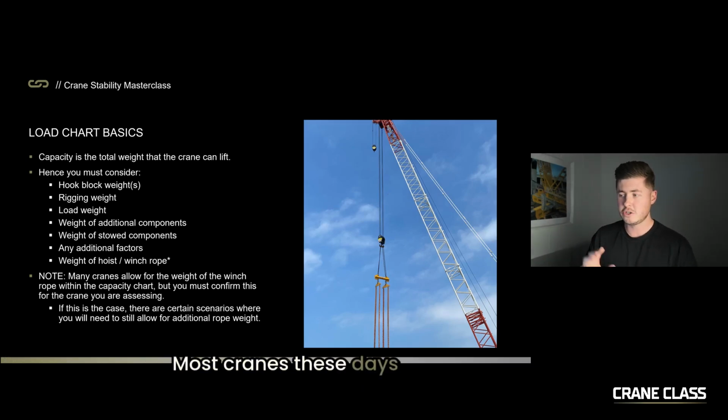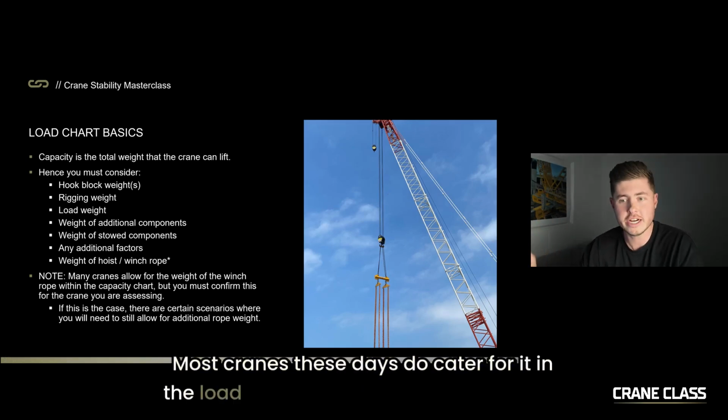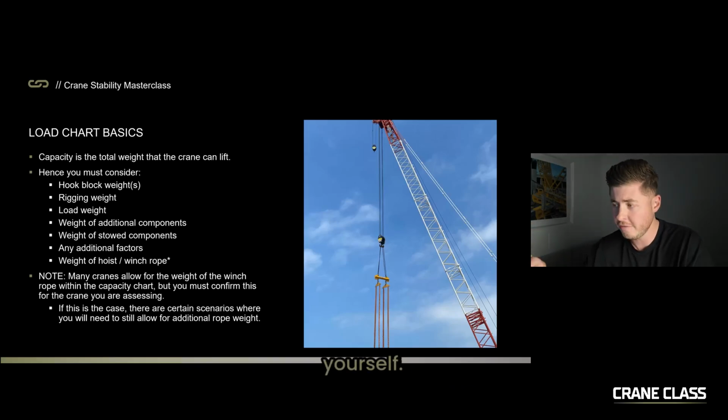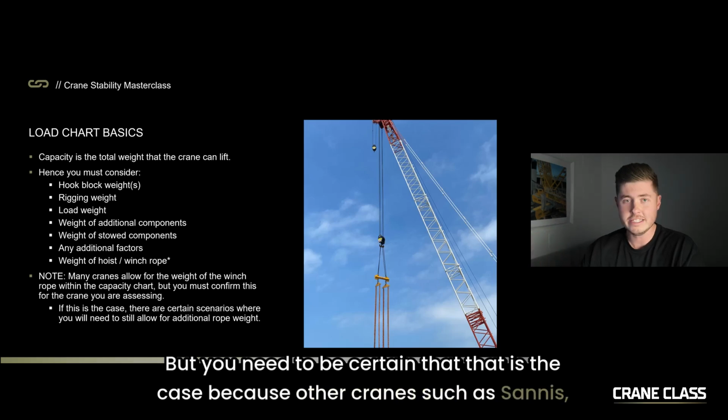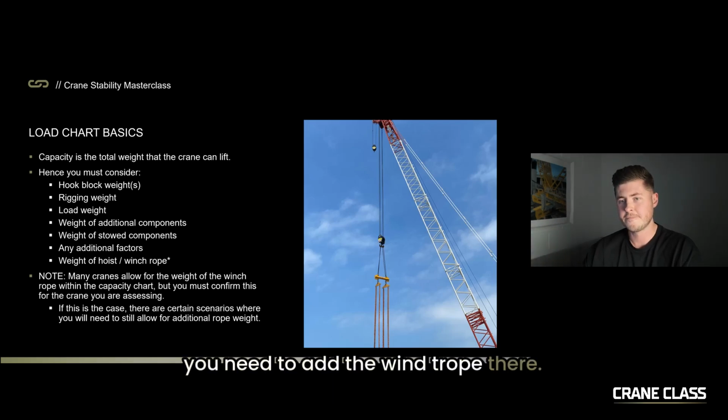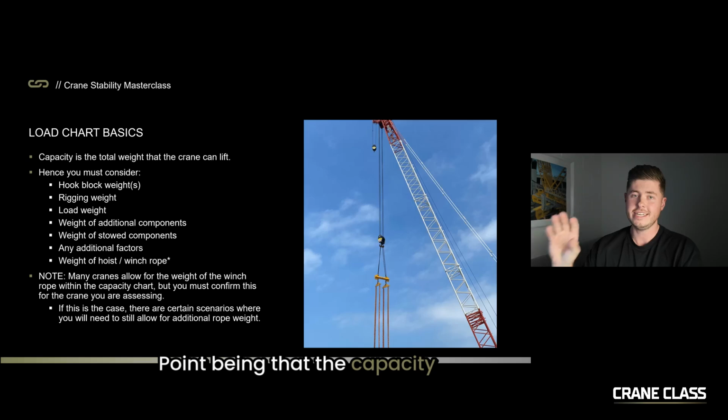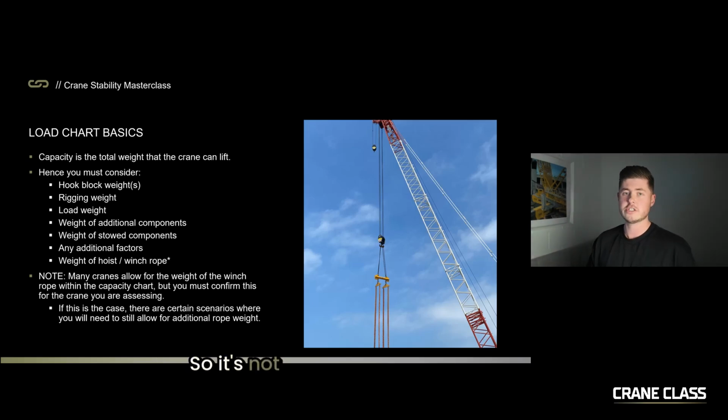Most cranes these days do cater for it in the load chart, and you don't need to do it yourself, but you need to be certain that that is the case, because other cranes such as Sannies, you need to add the winch rope there. Point being that the capacity is everything. So it's not just the weight of the load, you need to consider a lot of other factors.